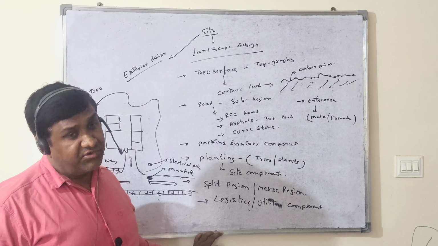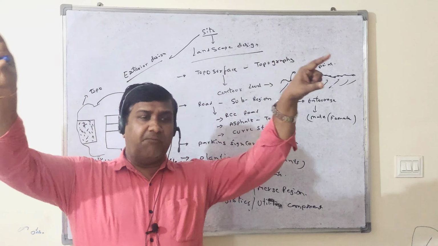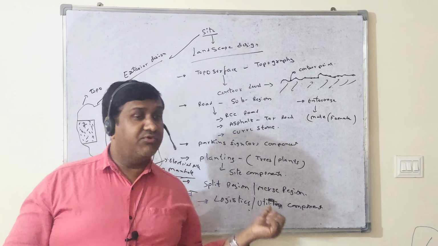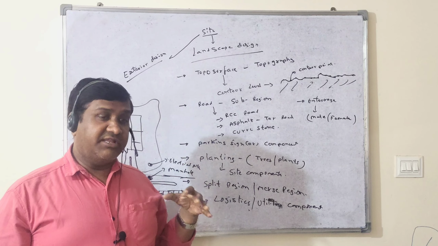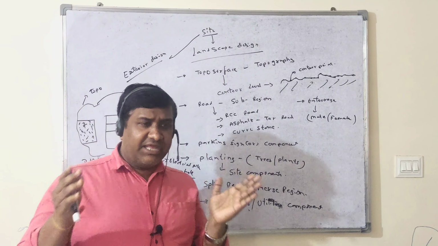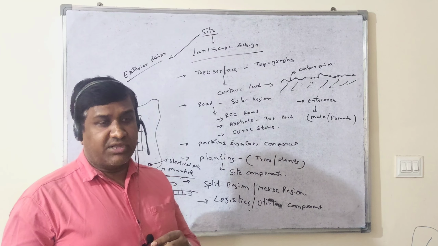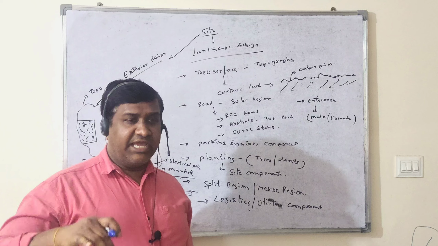So that also we have to do. And your building will have some compound wall, so that also we can do here. You can create the compound wall, and inside the compound wall you can do some area. And if there is a swimming pool coming, that also is possible, we can make it.